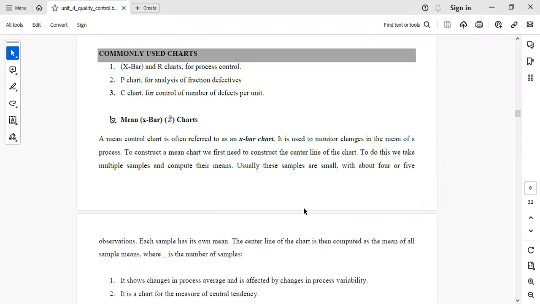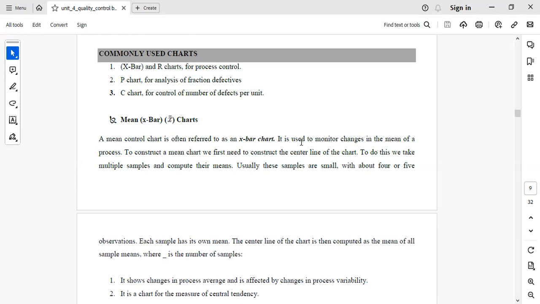Can you? Are you able to see what I'm sharing? Yes, we can see. Okay.